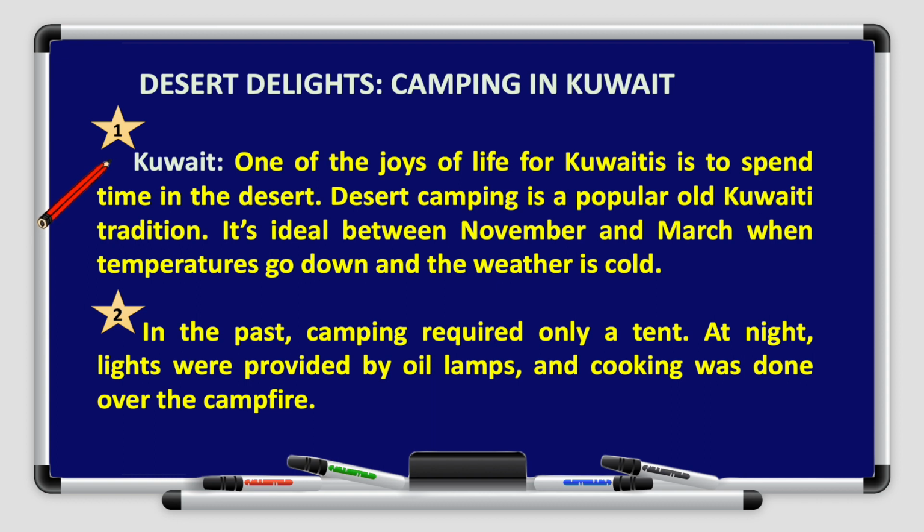It's ideal between November and March, when temperatures go down and the weather is cold. Paragraph 2. In the past, camping required only a tent. At night, lights were provided by oil lamps and cooking was done over the campfire.